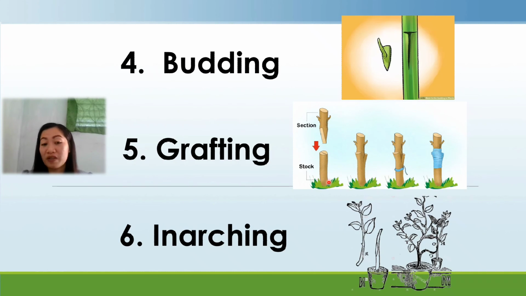And number 6 is approach grafting, or inarching. We attach the rootstock from another one, then wait for 30 to 45 days. Then we cut it and leave the rootstock of a plant together with the attached stem.